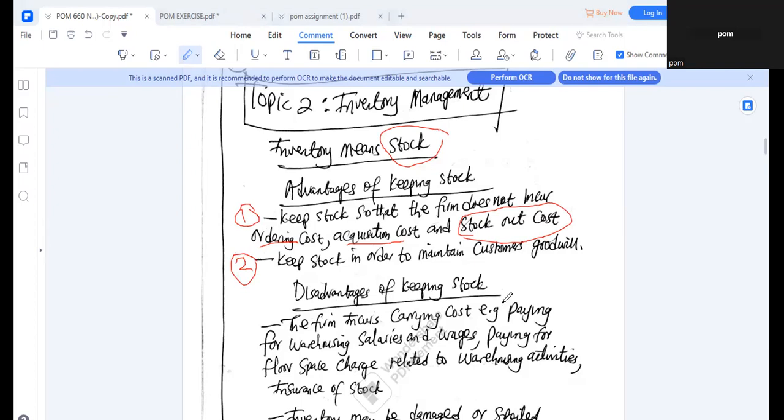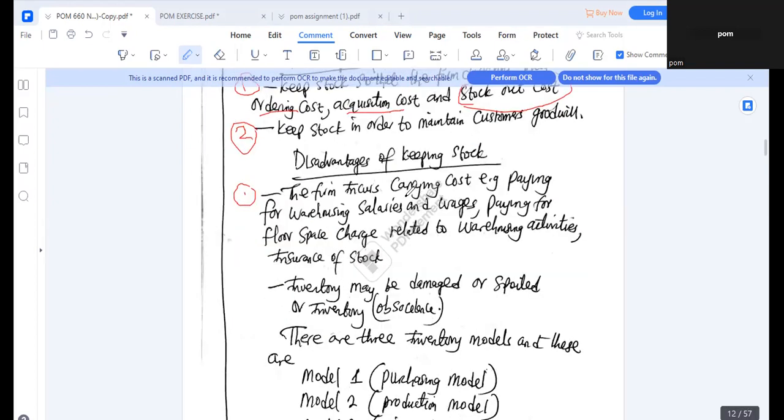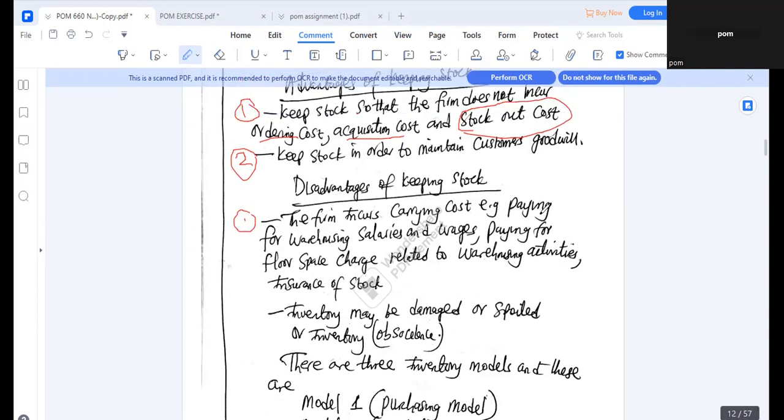Then we have also the disadvantages of keeping stock. The firm will incur continuous carrying costs, e.g. paying for the warehousing salaries and wages.